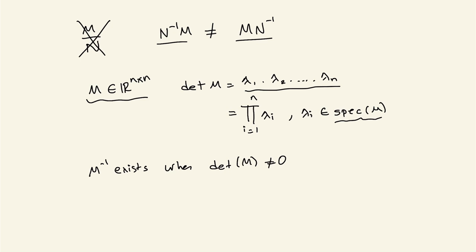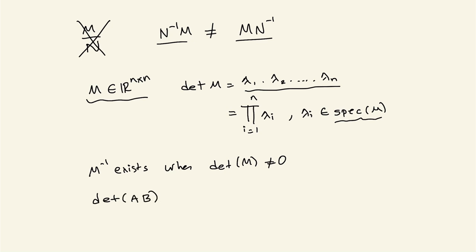I will also define eigenvalues momentarily, but I would like to write two interesting properties about the determinant. Let's say you have two matrices A and B of compatible dimension.